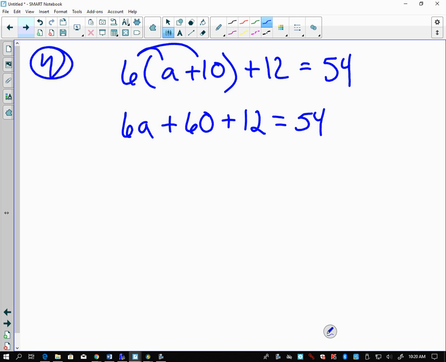That wouldn't change my answer, but could I add 60 and 12? Are they like terms? They're constants, right? They don't have variables. I could go ahead and combine those, but I'll go ahead and subtract 12. We got 6a plus 60. What's 54 minus 12? 42. Okay, now what would you do?